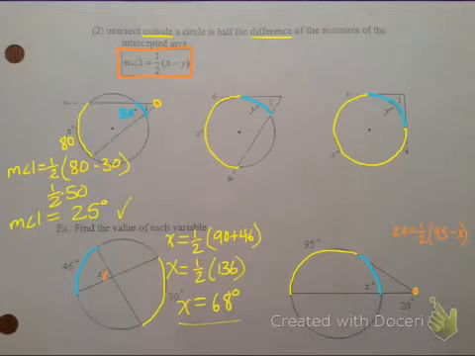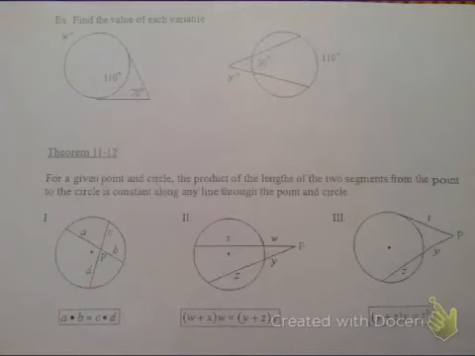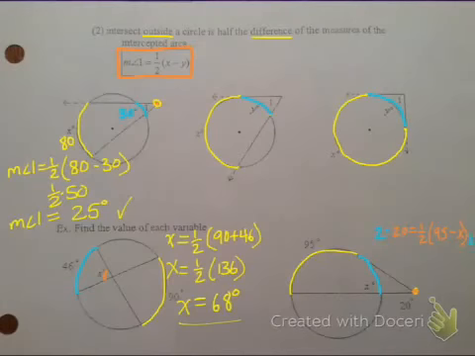Okay, so now our goal is to solve for that x. So the first thing I want to do is get rid of that 1/2 in front of my binomial. So I'm going to multiply both sides by 2. Okay, so that's going to give me 40 on the left, and 1/2 of 2 is 1, so I'm left with just 95 minus x on the right.